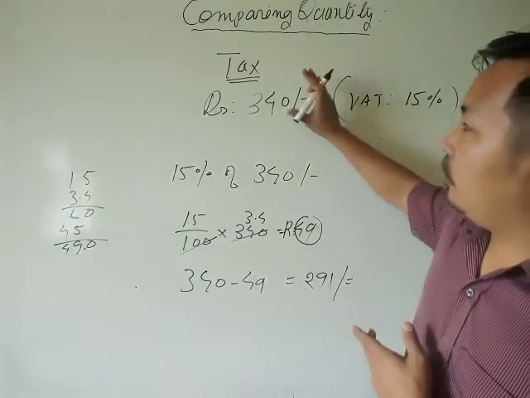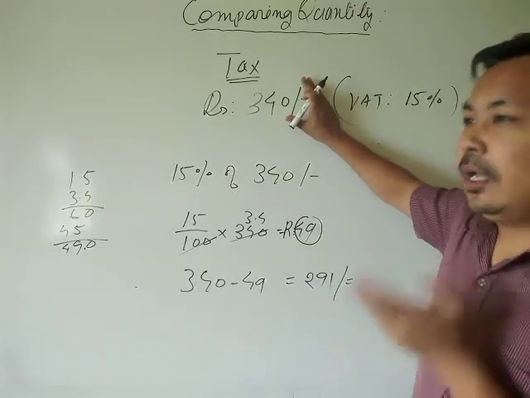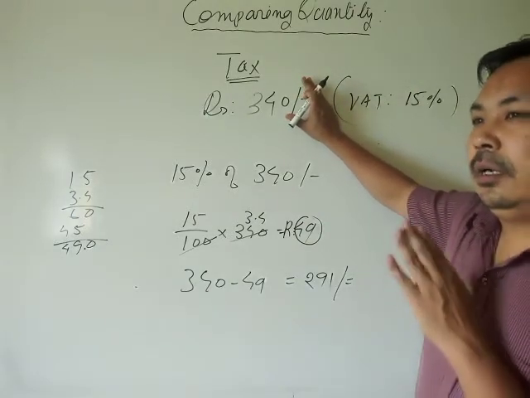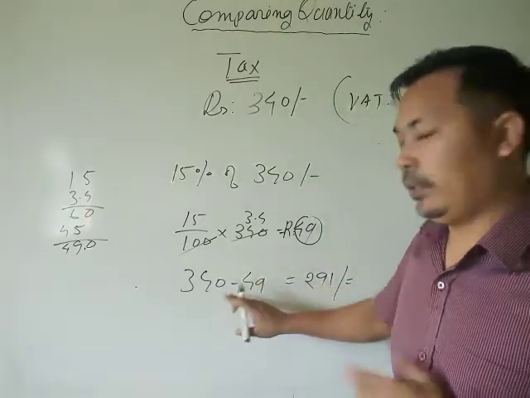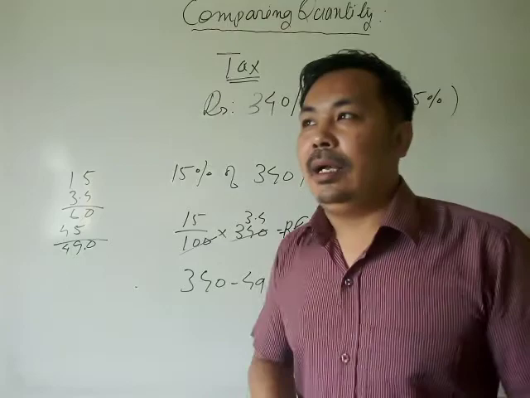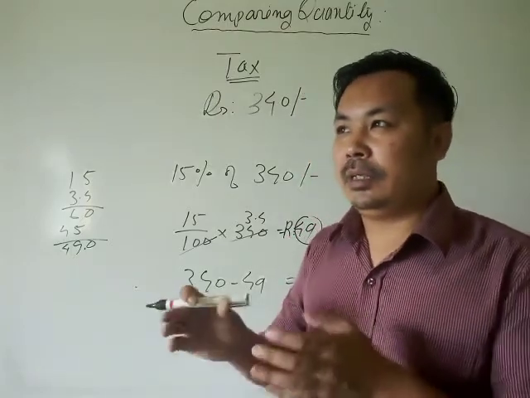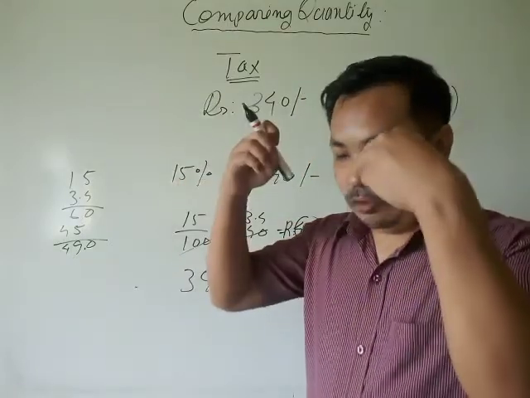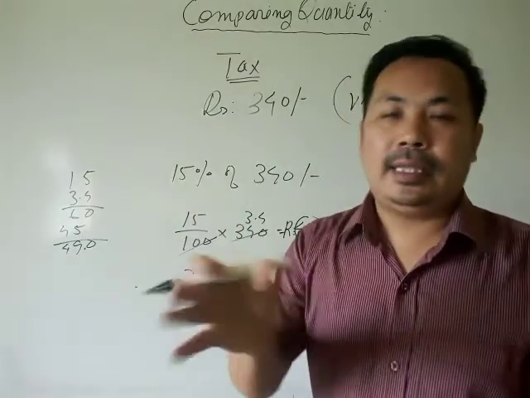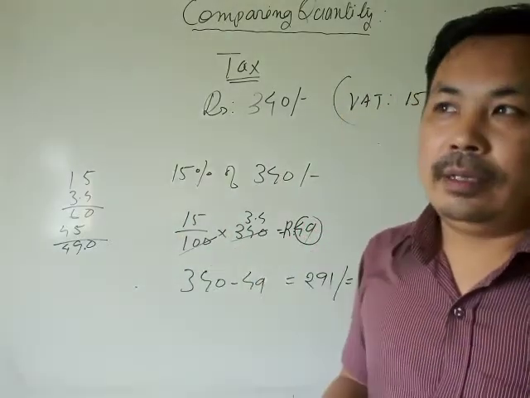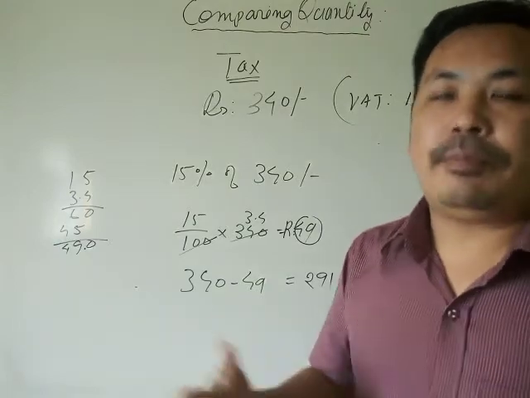The question will tell you that tax is already added, and then you have to find the original price by deducting the 15% from it. And if it is said that the original price is this much and the sales tax is to be added, then we find the percentage and add it, and then we get the total price.